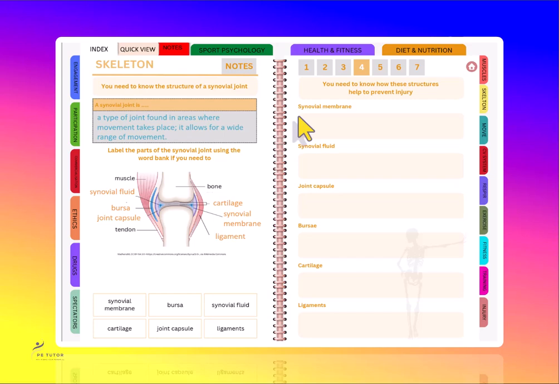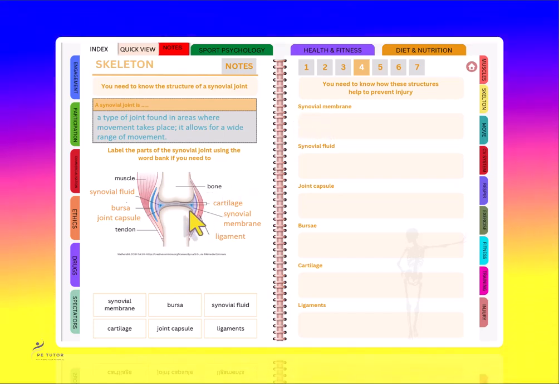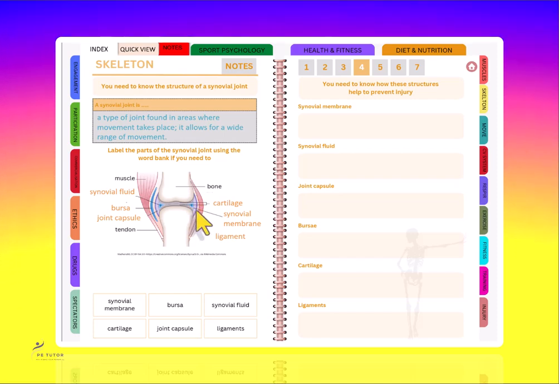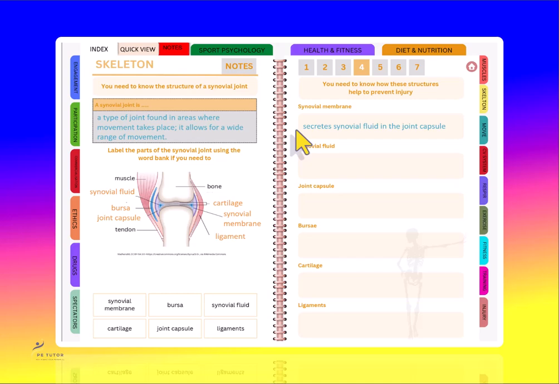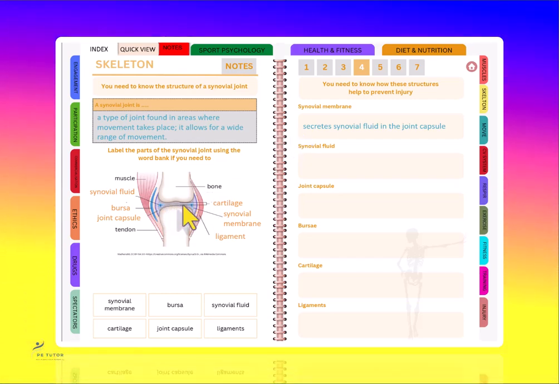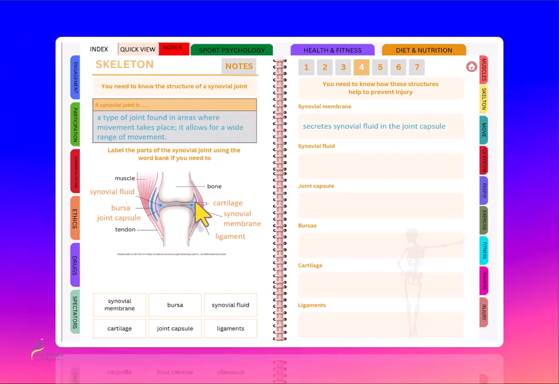So let's make a start looking at the synovial membrane, and you remember that's that little membrane there between the synovial fluid and the joint capsule, and its role is to secrete synovial fluid into the joint capsule. So this blue stuff here is the synovial fluid, and it's secreted by the synovial membrane.